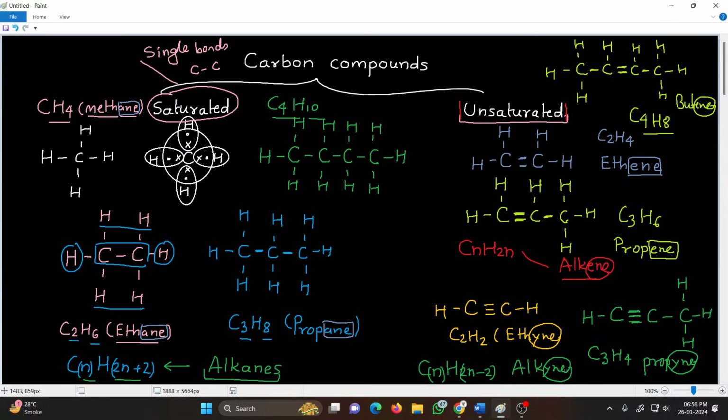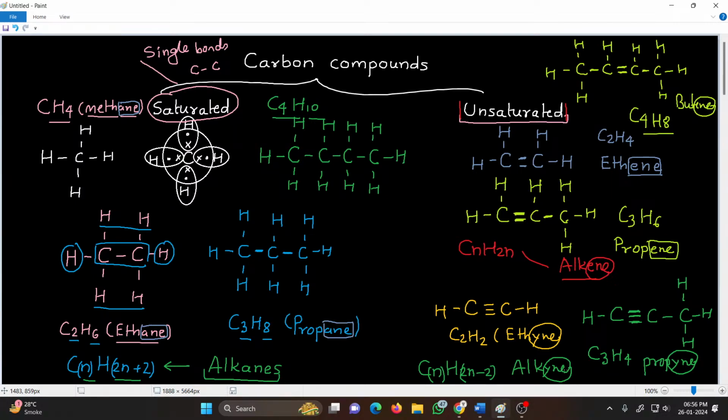So this is about the saturated and unsaturated hydrocarbons. Saturated hydrocarbons means only single bonds between carbon atoms. We have seen only linear chains. After a while we will see the branches and rings. In the case of unsaturated hydrocarbons, they can have either a double bond or a triple bond between them.